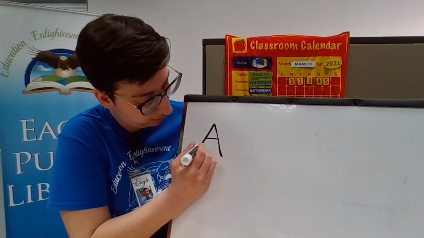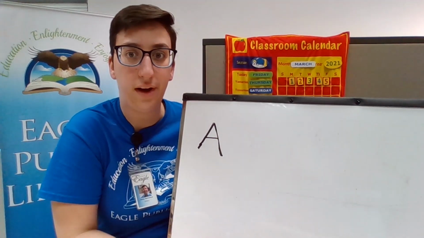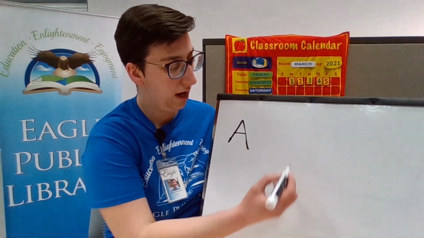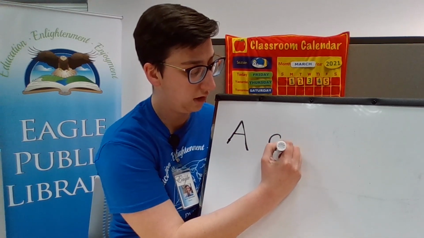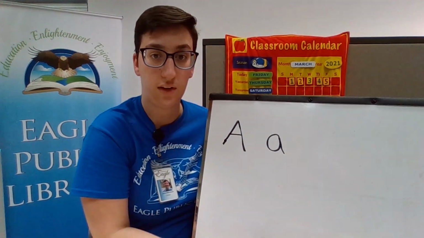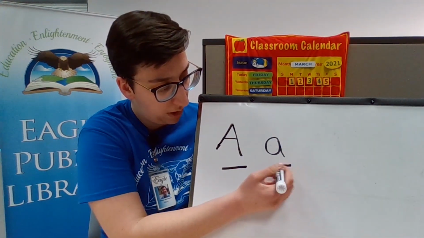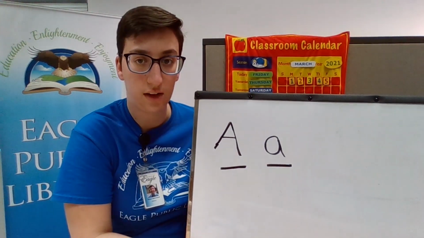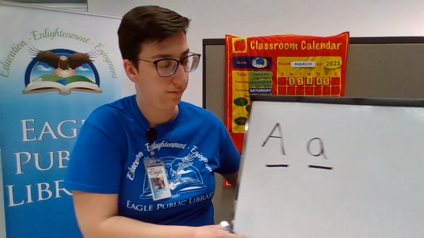And that gets you, it's a little uneven there, that gets you the capital letter A, big letter A. And for our little a, we go a circle and down. That is our little a. So these are the two ways to write A. Capital, big, and lowercase, little.